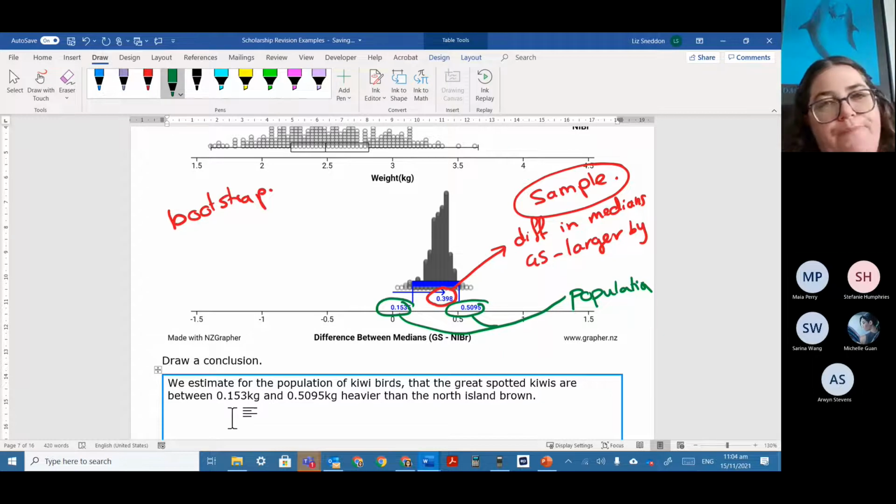Okay, so that's what the confidence interval does, it estimates for the population. The population median is somewhere in this range.